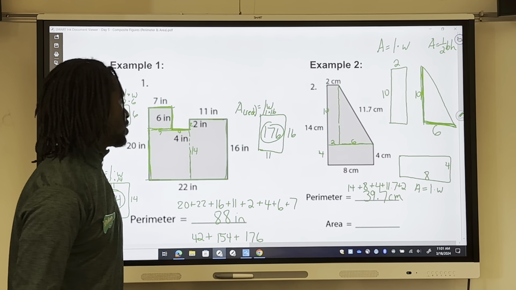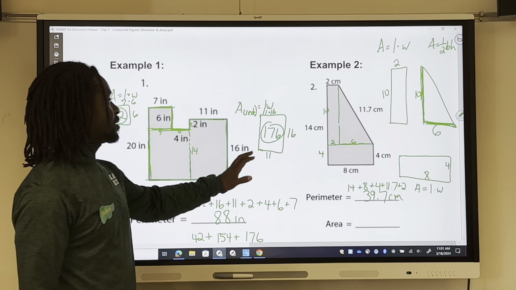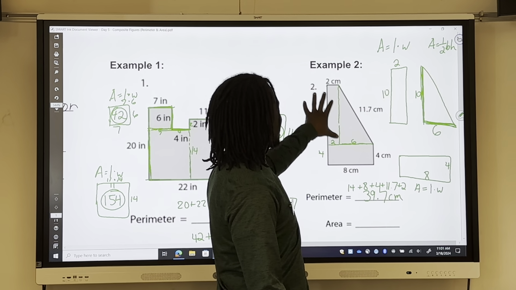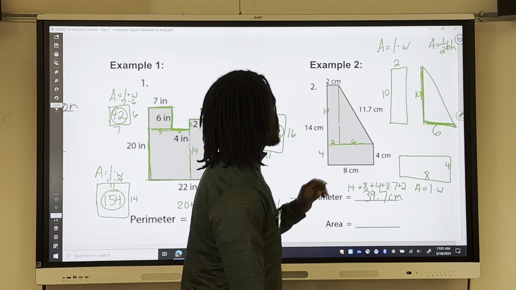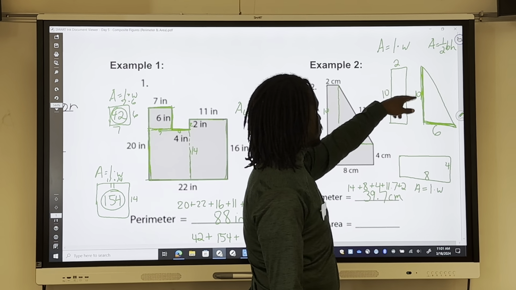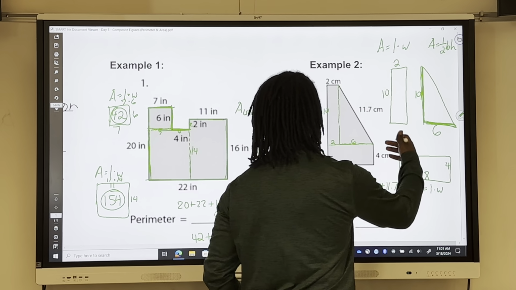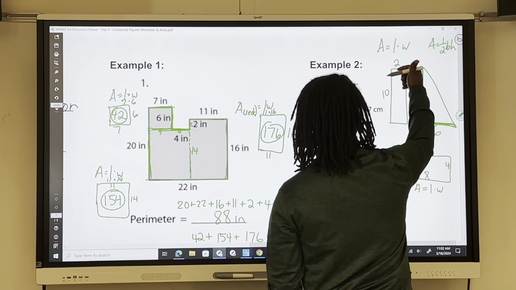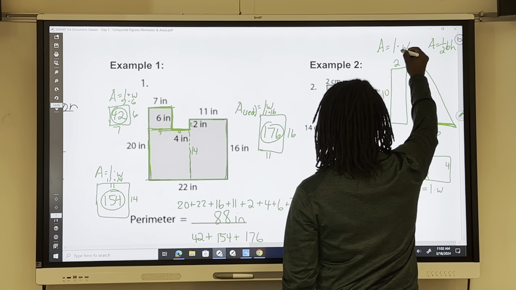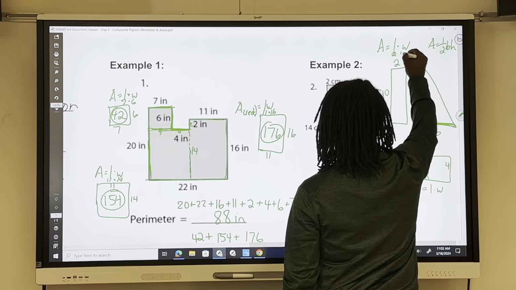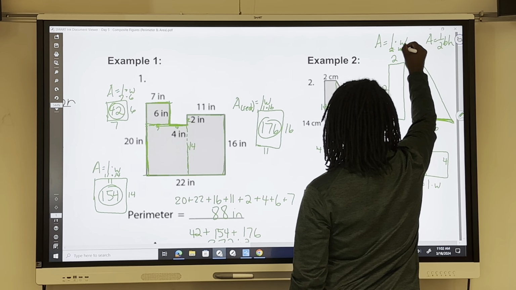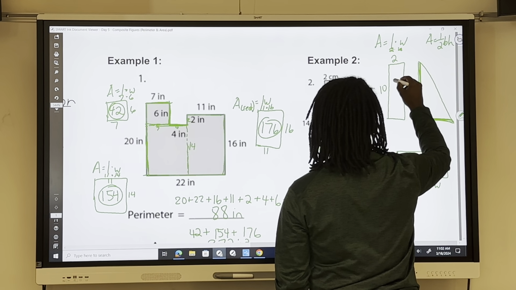And then for area, I broke my shape into 3 sections, or 3 different shapes: rectangle, triangle, and another rectangle. So now I just use my formula and substitute them in. So length is 2, width is 10. 2 times 10 is 20.